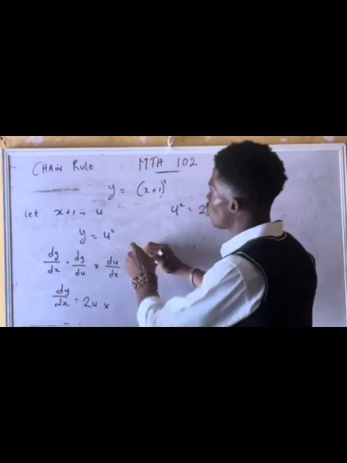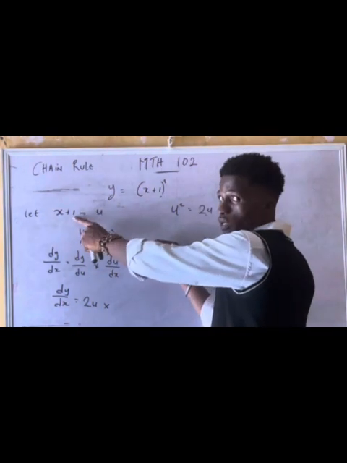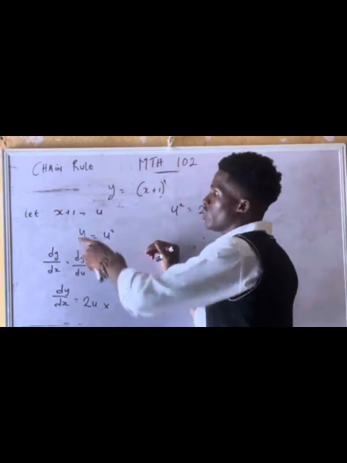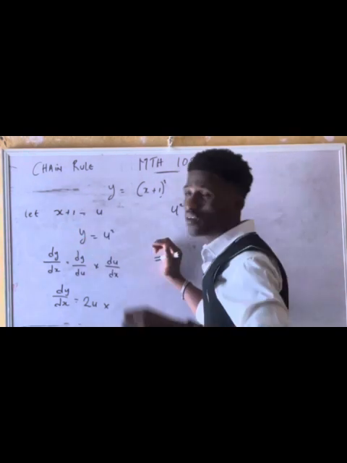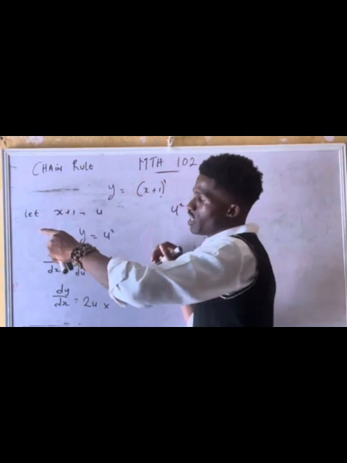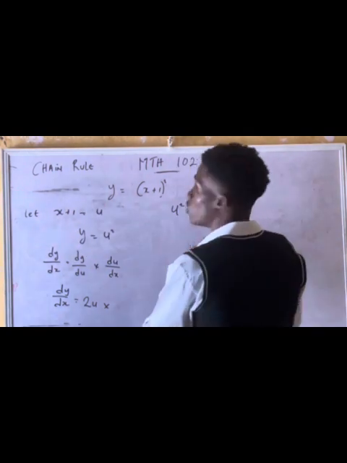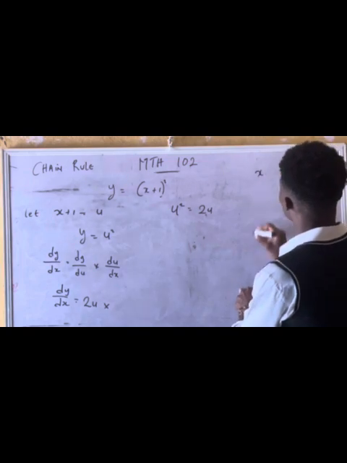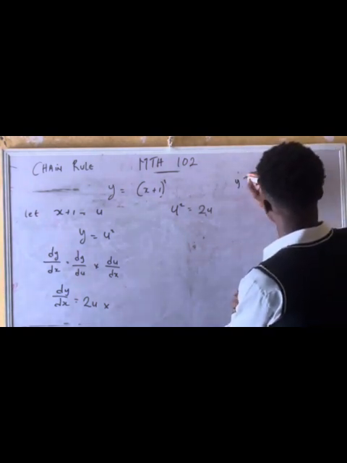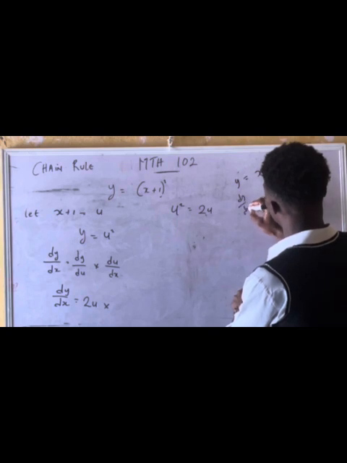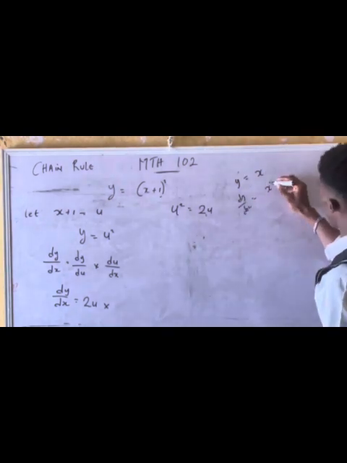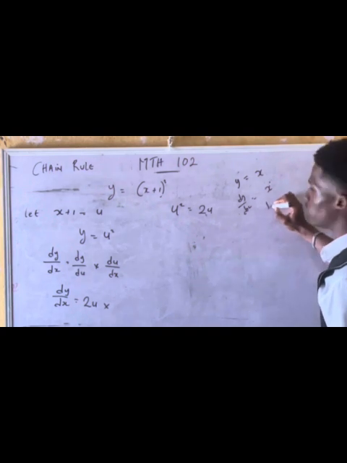What is u? Don't forget that u is equal to x plus 1, right? So what do you get when you differentiate x plus 1? 1 is a constant, and whenever you differentiate a constant, you get 0. When you differentiate x, you get 1. How? Don't forget that x is carrying the power of 1. 1 times the 1 here gives 1.